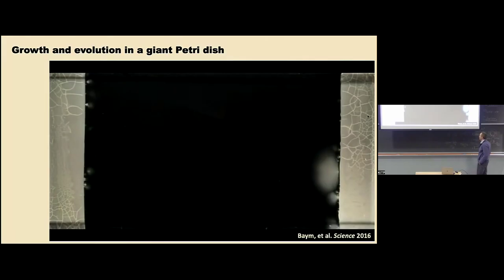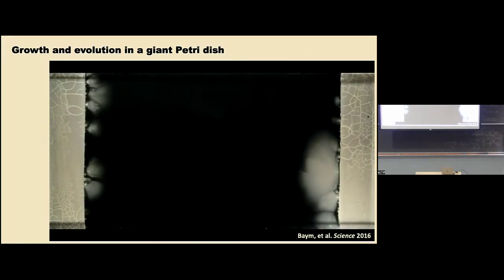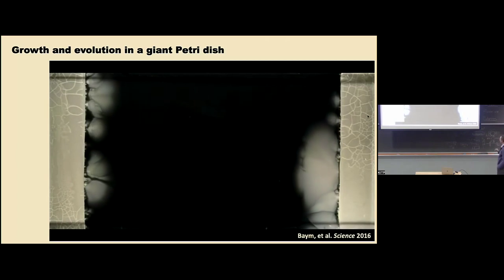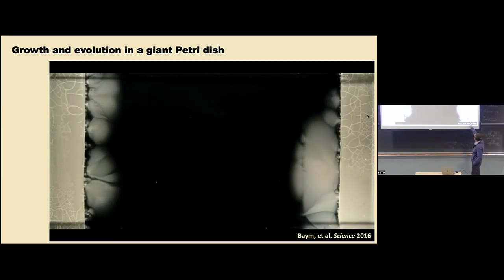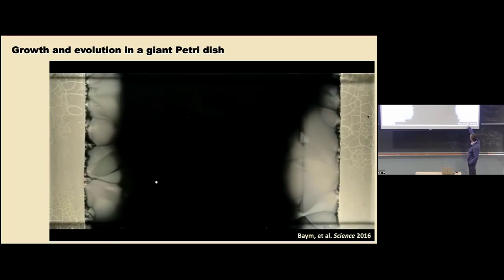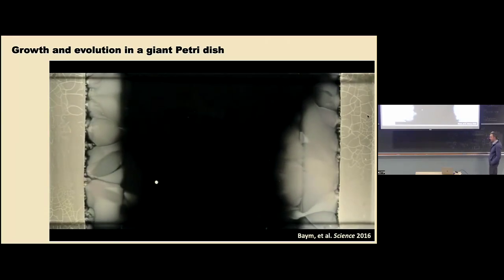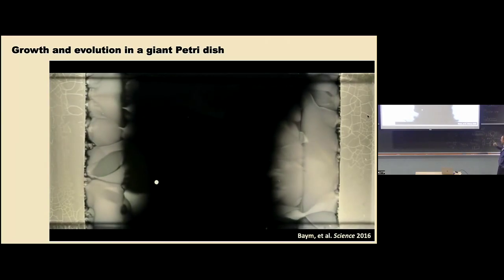Over the course of about 10 days, you see evolution in action, with some maybe active matter in between, when the mutations appear, and then they allow them to grow at about 3 times the concentration of antibiotic that they would be able to tolerate in liquid.